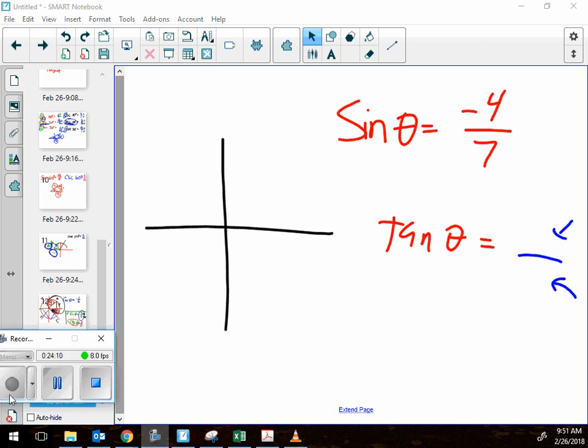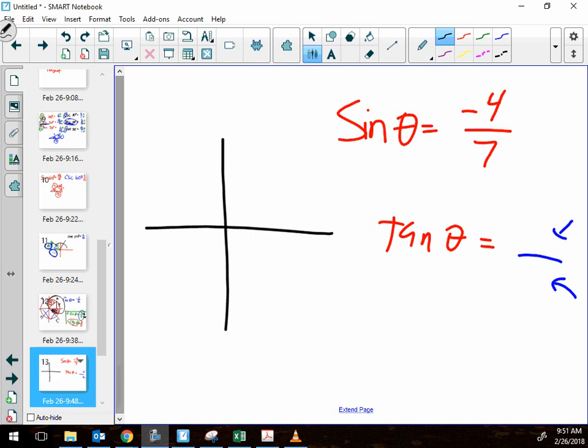If All Students Take Calc tells me where sine is positive, it can't be here and it can't be here. This is an interesting one. There is an answer where tangent could come out negative or tangent could come out positive. They'd have to tell you, or you could have given either answer.